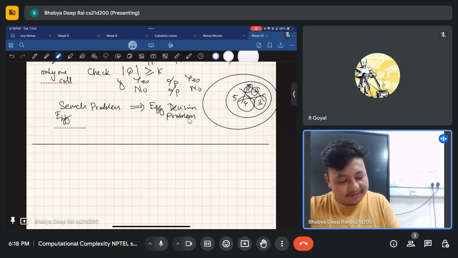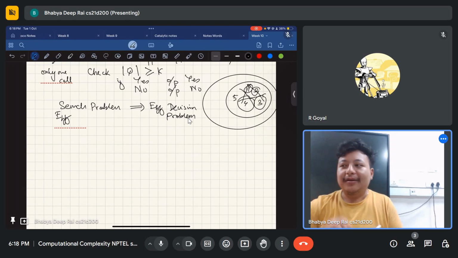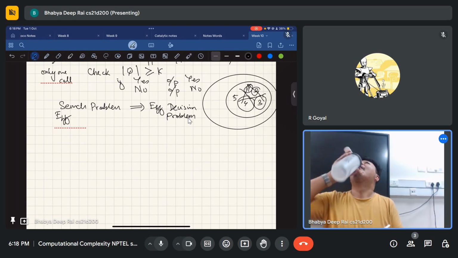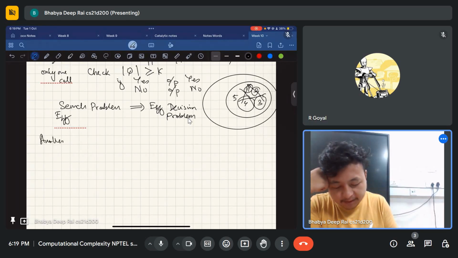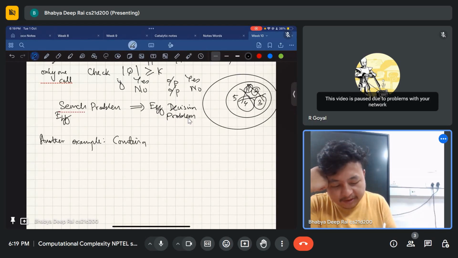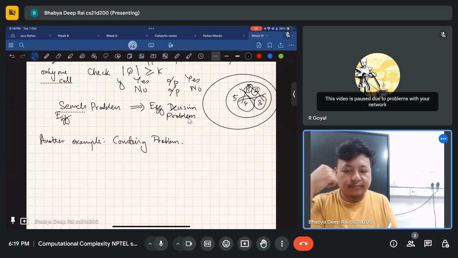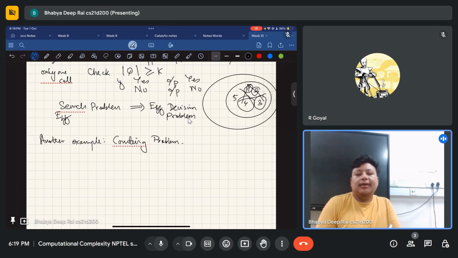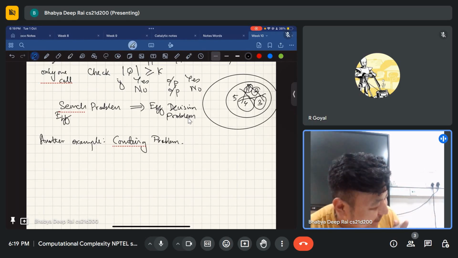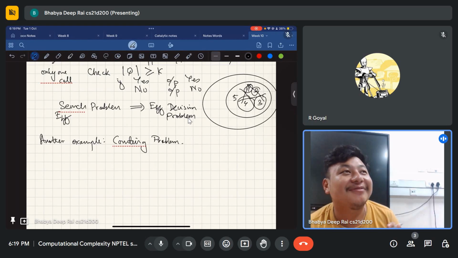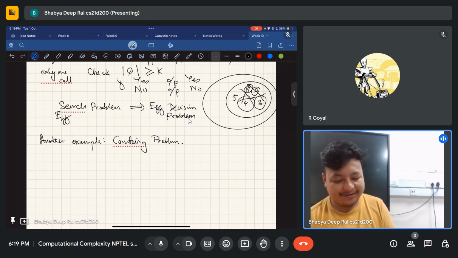I can give you another example also. Let's say I'm not looking for an optimization problem, I'm doing a counting problem. Take any sort of NP-complete problem; say SAT is there.